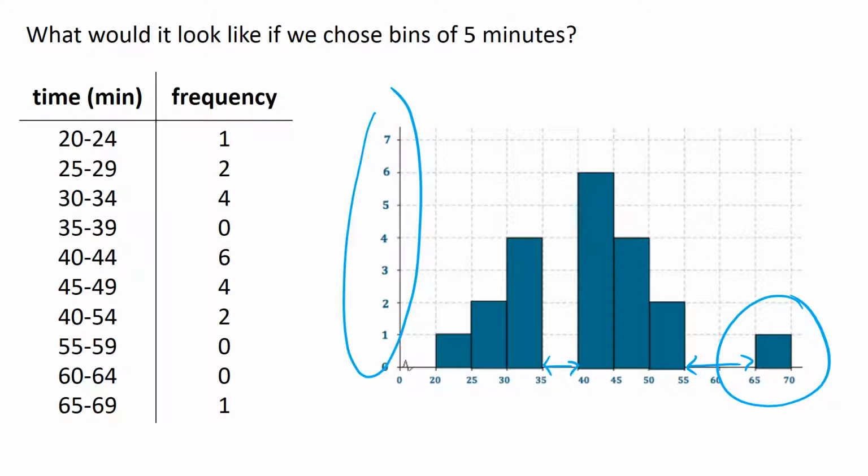But really, the shape of the graph is still quite similar, though these values are still centered around the same number of minutes. And so really, I think both graphs are equally valid. This one would require a little bit more work because you'd have more bins. If we were to use this other one to estimate the mean and determine the mode, I would say we can get a little more precise and probably say that the mean is slightly lower than 45 minutes, maybe closer to 42 minutes, just because you see that there's more data sort of to the left of that.